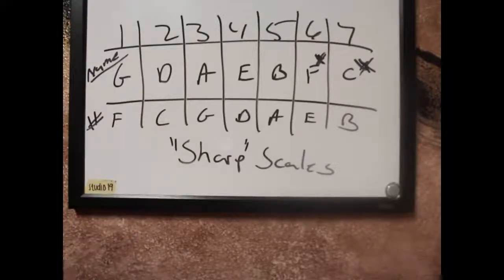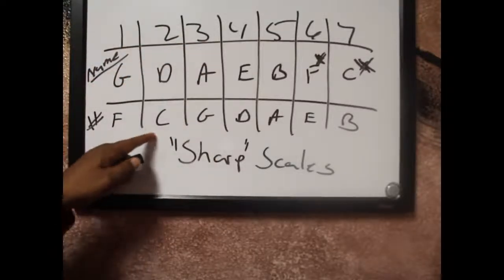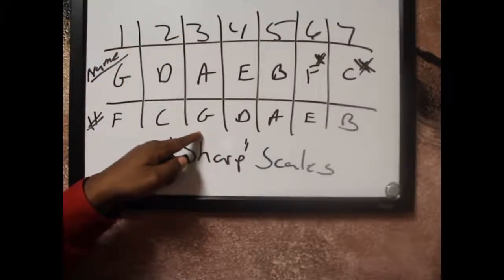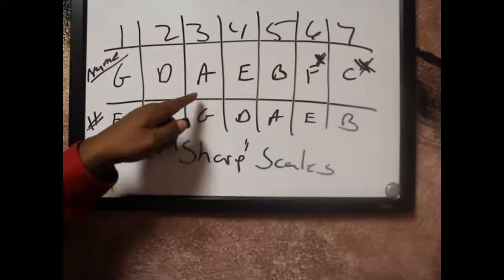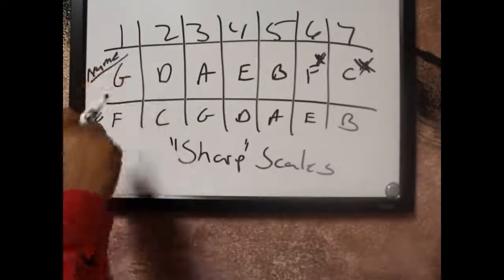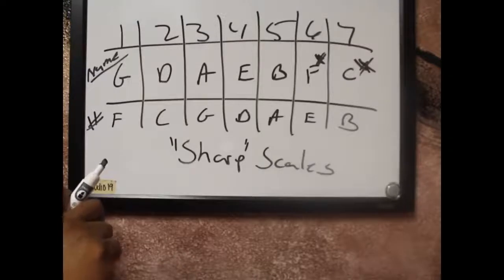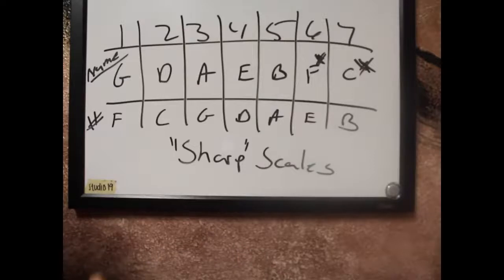We'll do one more and see if you get it. If you have three, you'll have F sharp, C sharp, and G sharp, and the name of the key or the scale will be A. Did you notice something? That the name of the scale is a half step up from the last sharp.